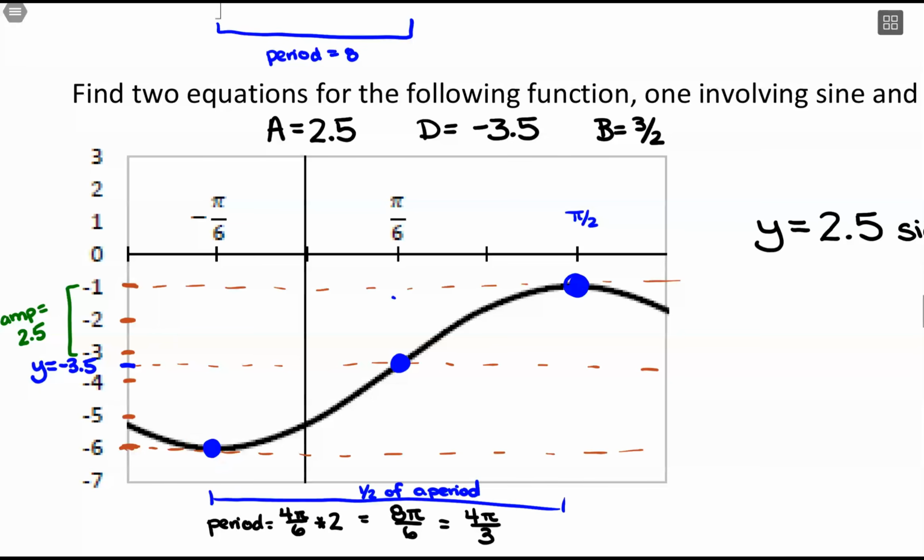So I'm going to focus on this coordinate and the fact that if we had cosine, we would be starting at the maximum there. So we picked up the graph, and we have this phase shift, and we moved it to the right by pi over 2. And again, I counted that in terms of units of pi over 6. 1, 2, 3 pi over 6, which is pi over 2.